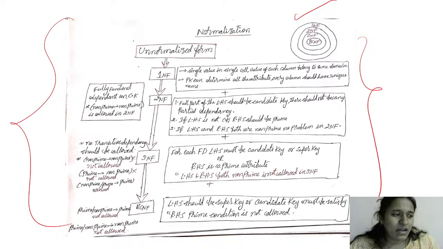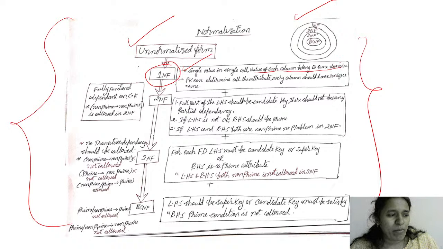See here, initially the data is in an unnormalized form. Next one is first normal form. What is first normal form? We explained: single value in a single cell, and the value of each column belongs to the same domain. This is also very important.